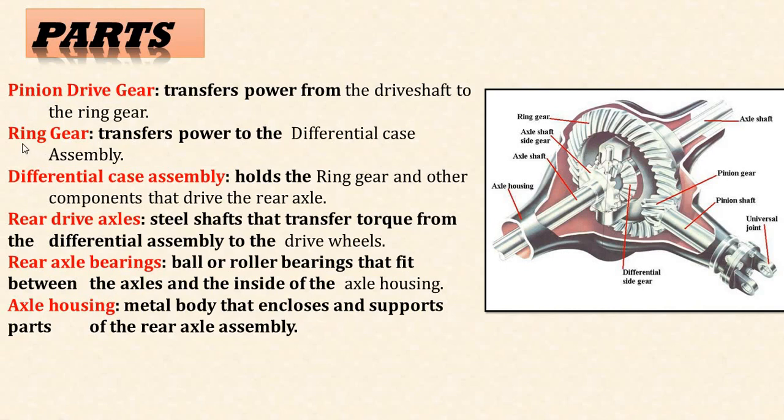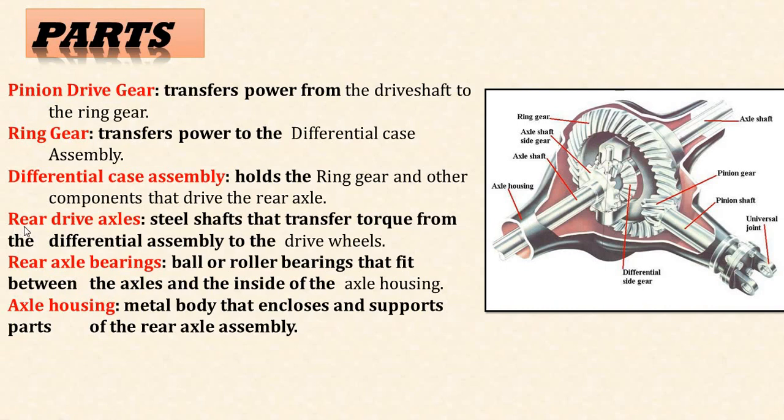Then next is the ring gear. This is the bigger gear, the ring gear. It transfers power to the differential case assembly. Then differential case assembly holds the ring gear and other components that drive the rear axle.